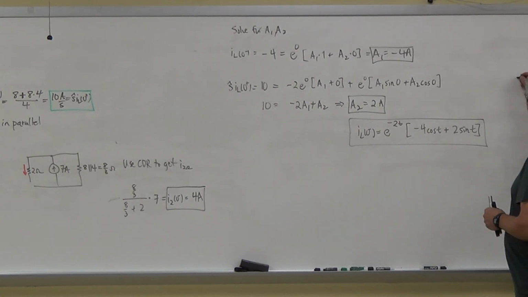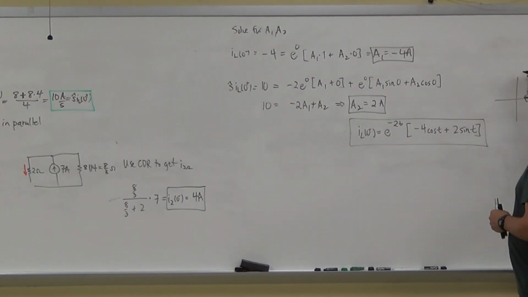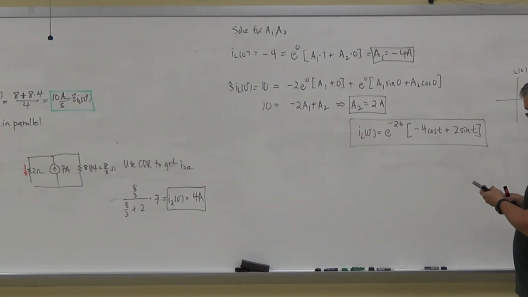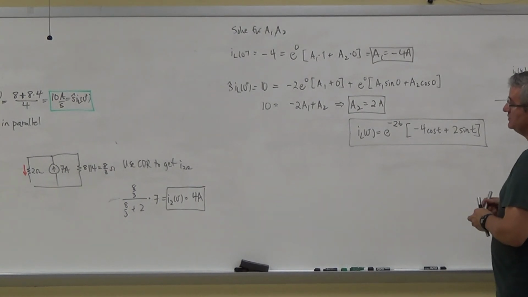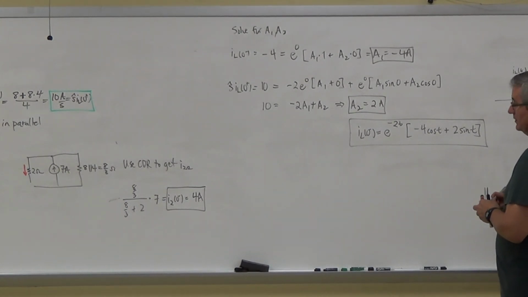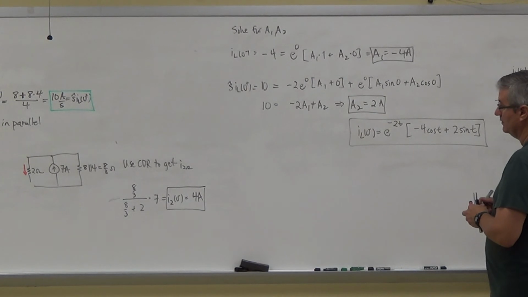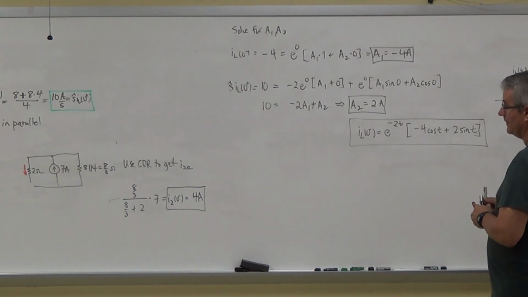So if I was to plot this guy, what I'm seeing here, IL of t, this guy comes in, and the inductor current, what was the inductor current at 0? Negative 4. It has to be negative 4.